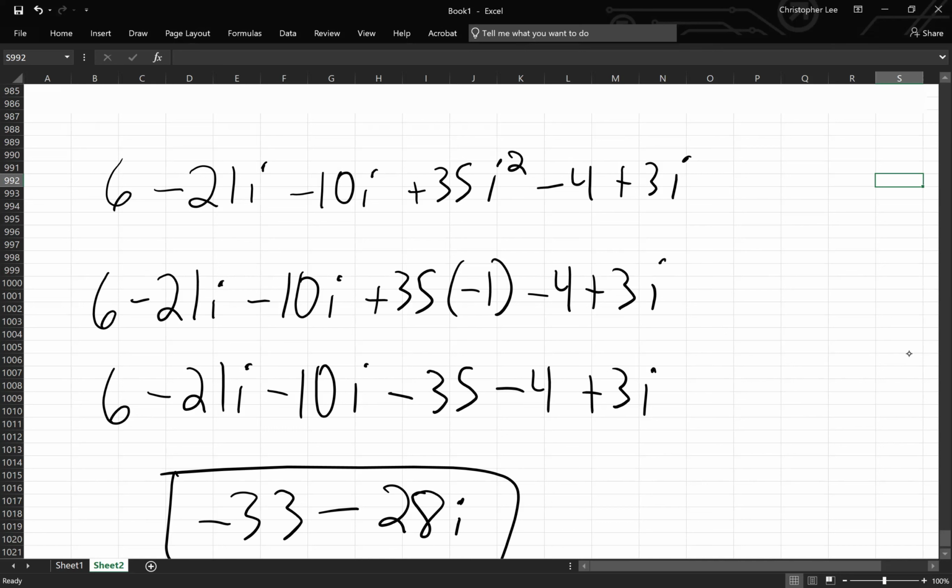Go ahead. I was just wondering where the 35 went, because it's i squared. Yeah, i squared becomes negative 1. And then negative 1 times 35 is negative 35. So 6 minus 21i minus 10i minus 35 minus 4 plus 3i.